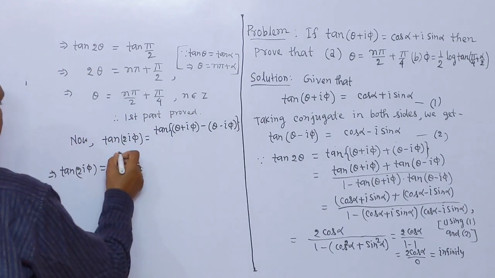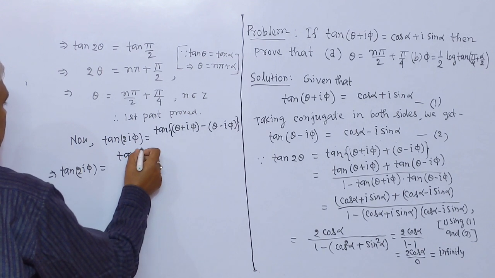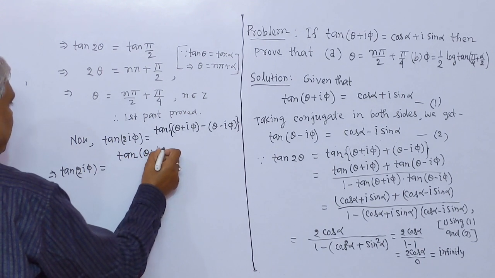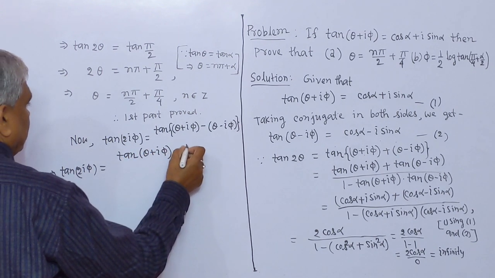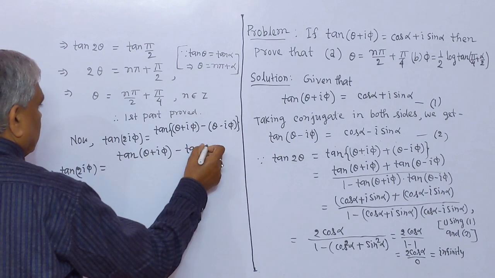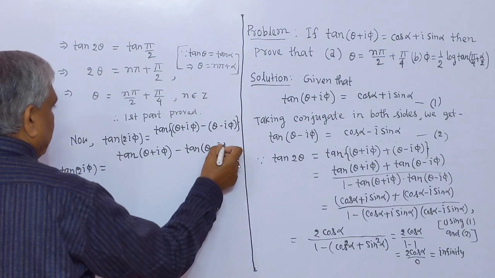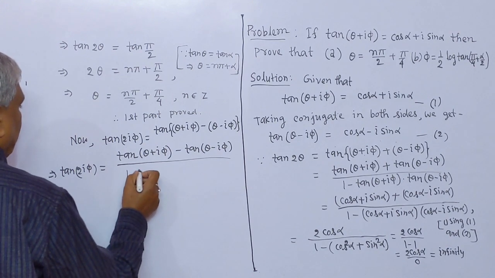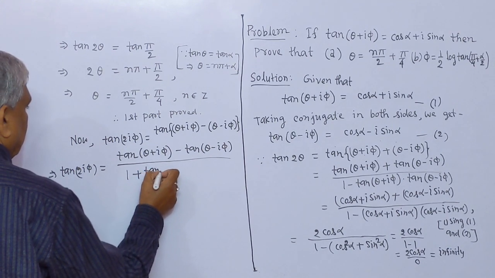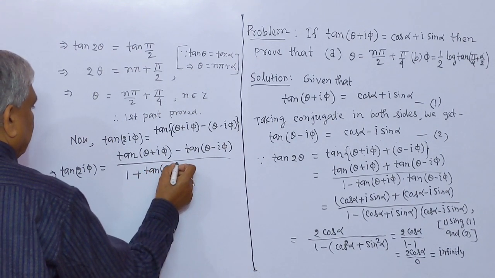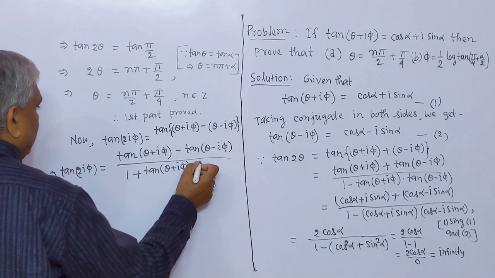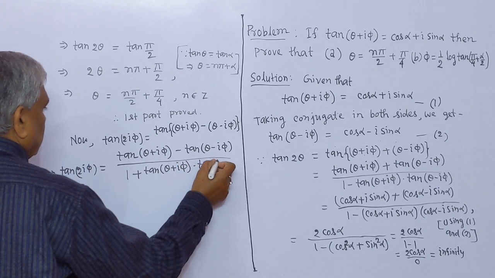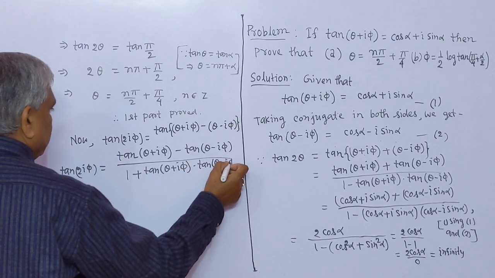This is tan(theta plus i phi) minus tan(theta minus i phi) by 1 plus tan(theta plus i phi) multiply tan(theta minus i phi).